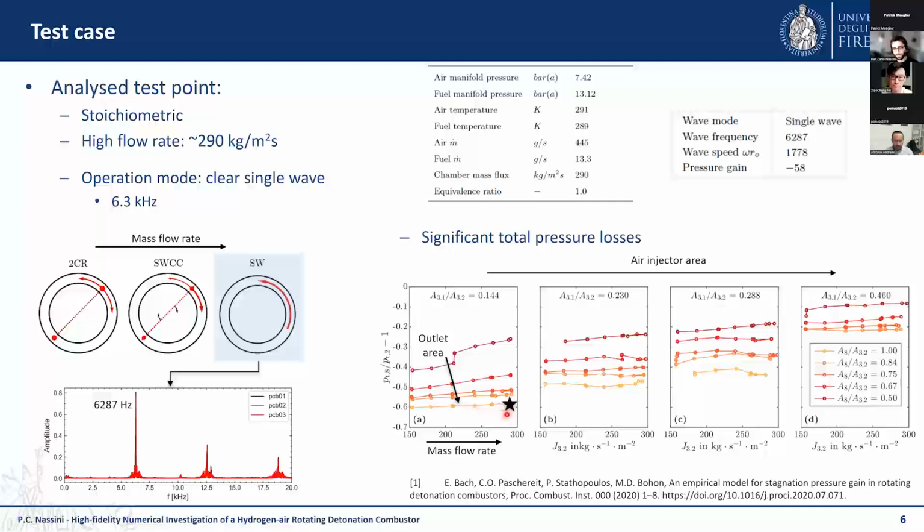Our test point is the star, so as you can see, it is one of the most penalizing configurations for the pressure gain, basically because we have a very small injector area, which loses a lot of total pressure across the oxidizer injector. And also the outlet area is unrestricted, so it is not increasing the pressure inside the combustion chamber. In this condition, we have a negative total pressure gain, so a total pressure loss of 58%.